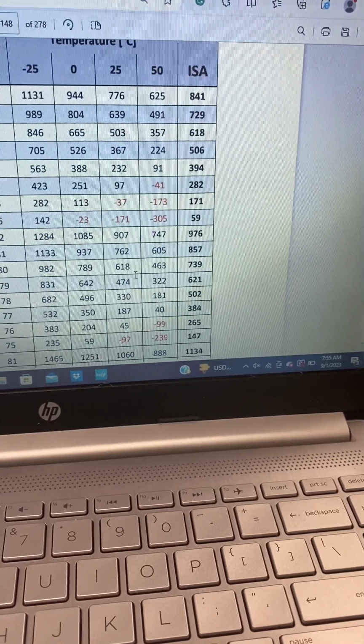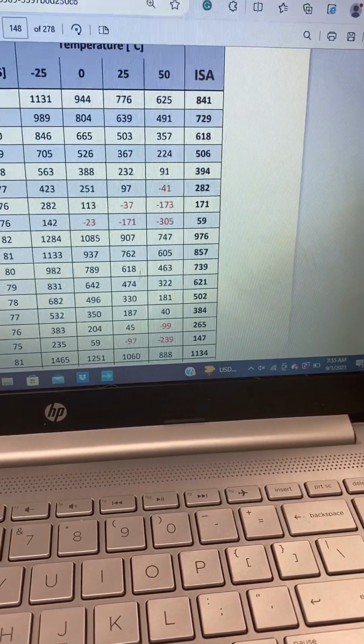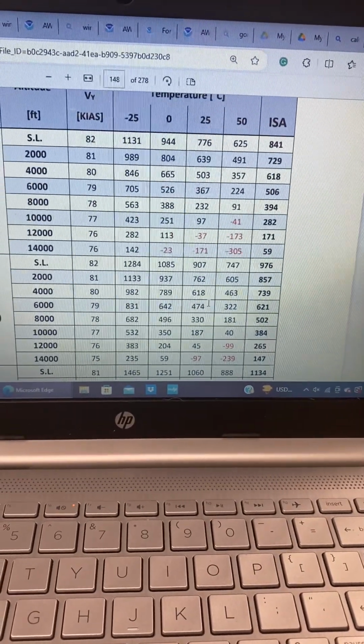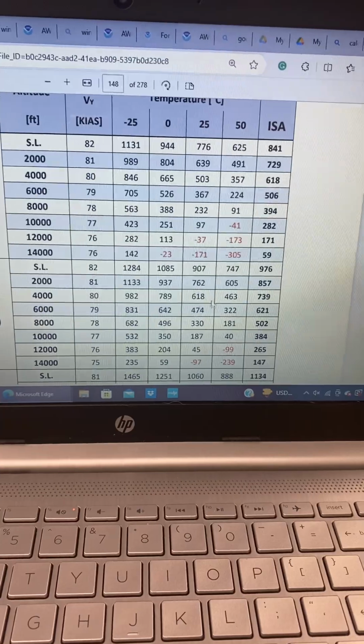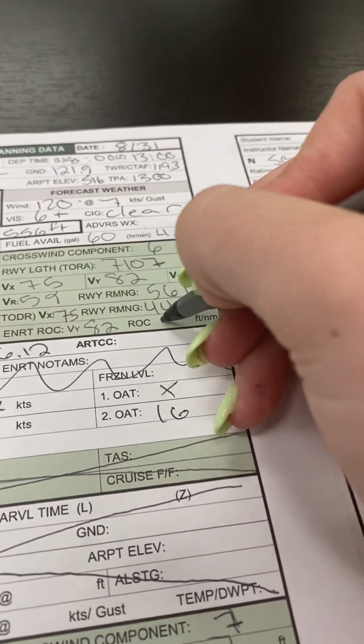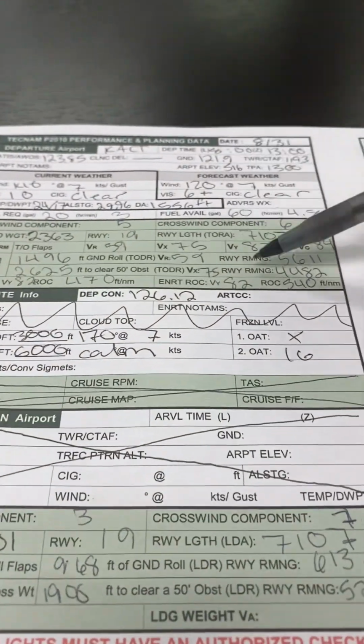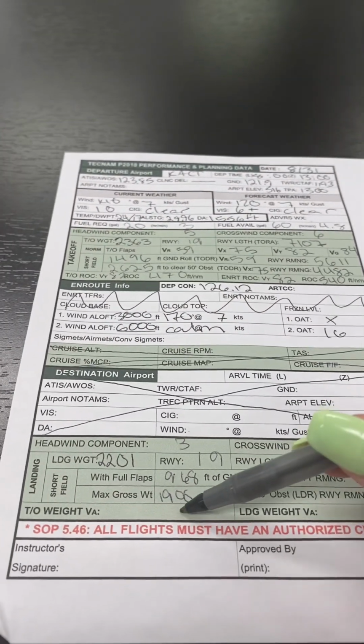So I'm gonna go ahead and put it at about 520, okay? Or no, 540, okay? I'll put that right here. Good, so we have all of this filled out, and all we have to do is our takeoff VA.